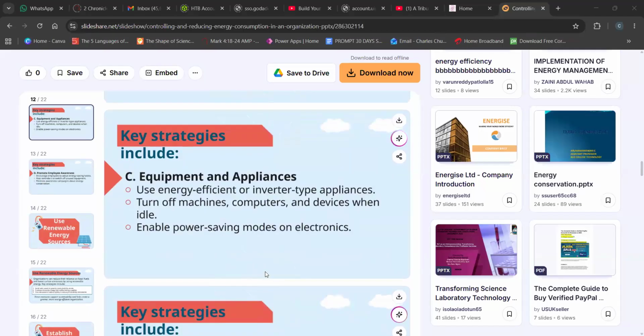Equipment. So this one, I think this is the one I talked about that uses solar. Energy efficient or inverter type appliances are the way to go when it comes to saving energy.